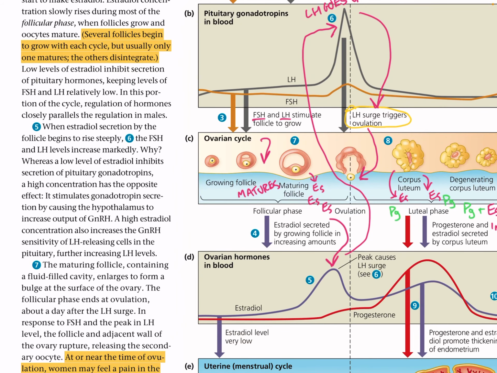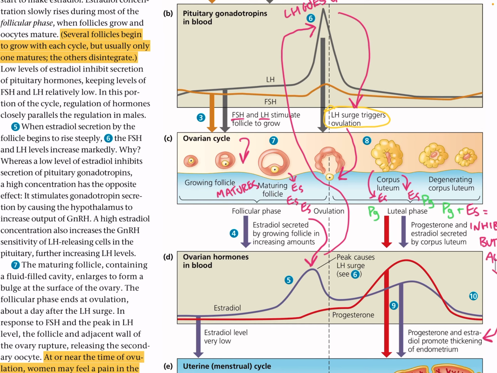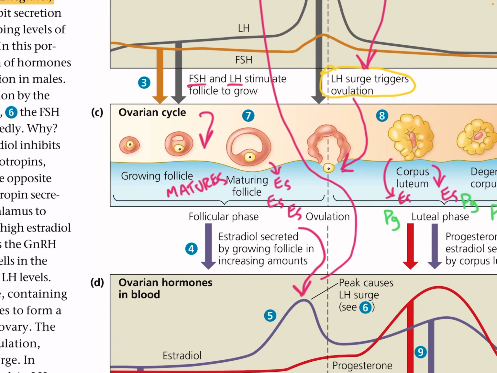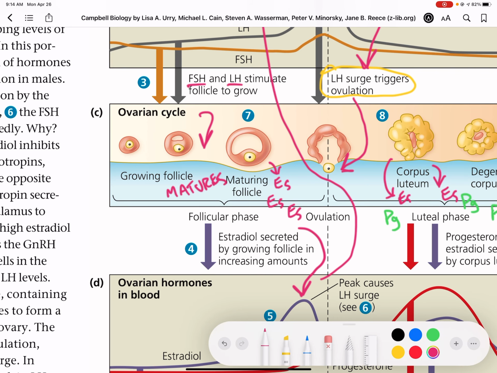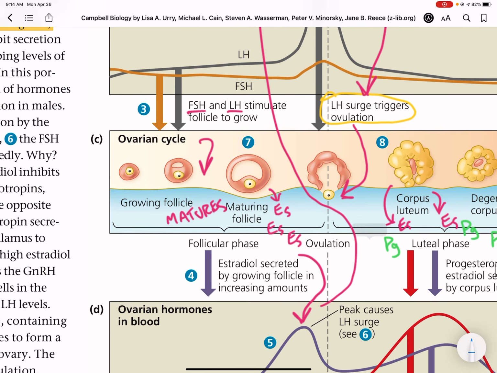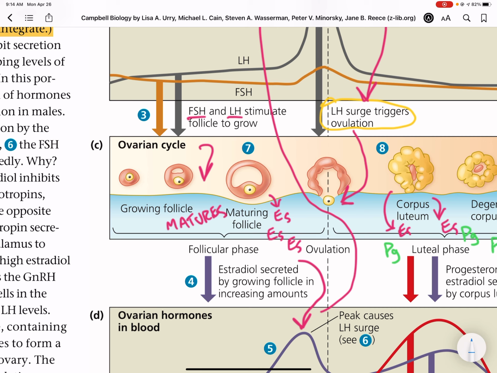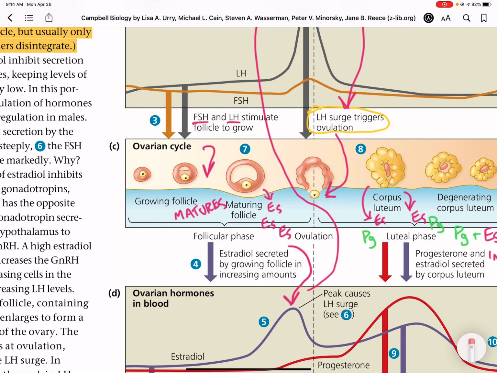I think it's called the secondary oocyte, okay? So we can see that happening here. They're going to be like, hey, little follicle, we want you to grow up. You have this fluid-filled sac in here, and you have the oocyte, which is this little thing here, okay? So the FSH and the LH are going to stimulate that to grow.